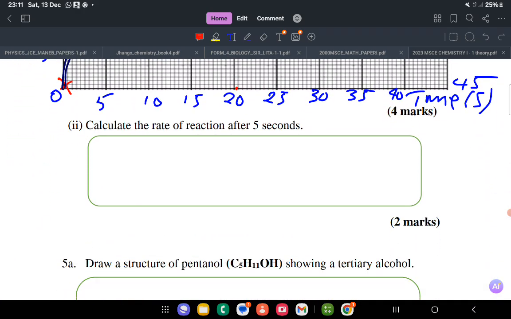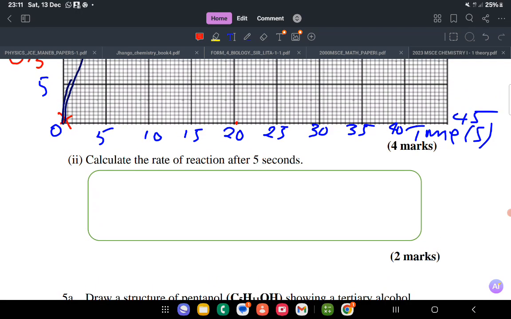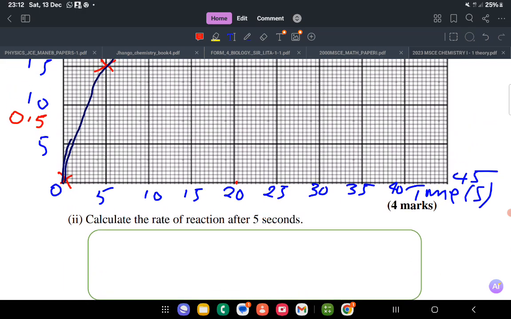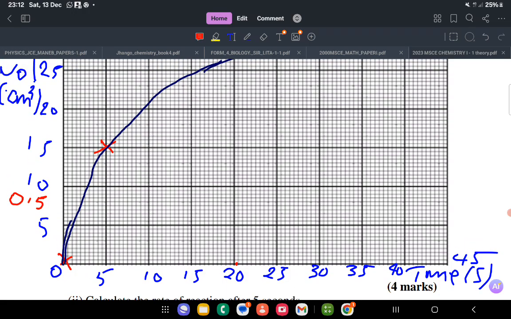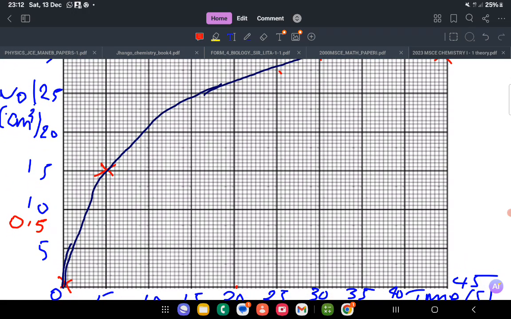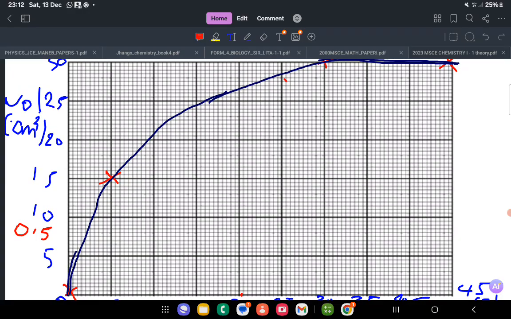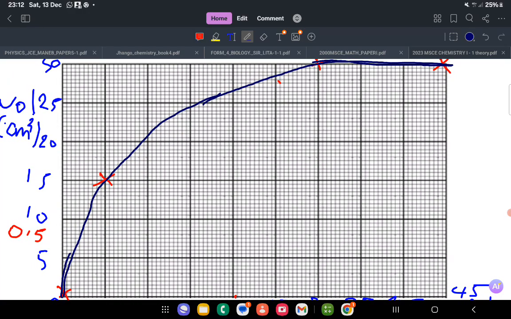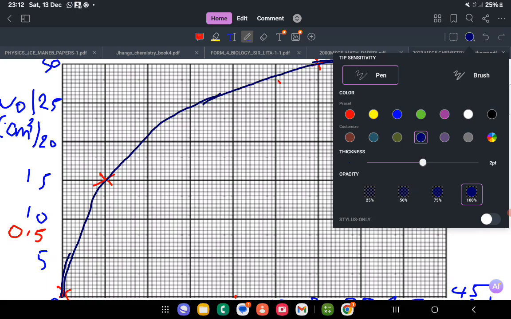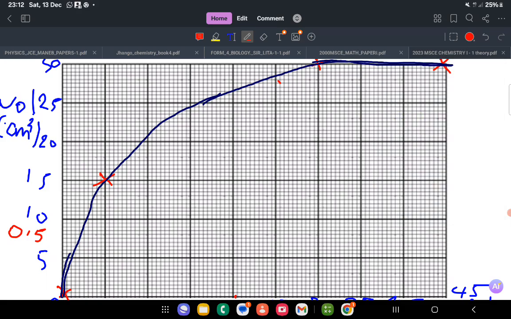Okay, that's our graph. Calculate the rate of reaction after 5 seconds. When they say after 5 seconds, it means we are looking at this part of the graph, from here to somewhere there.